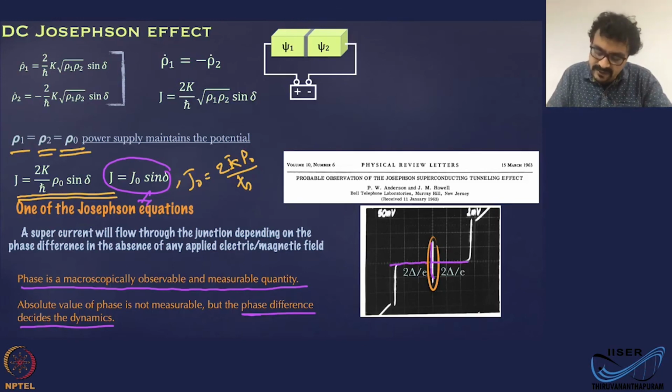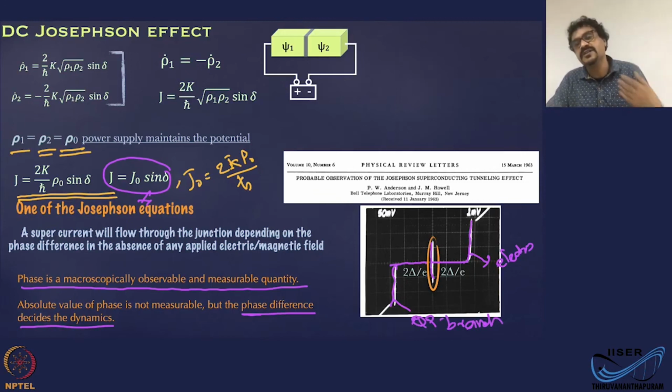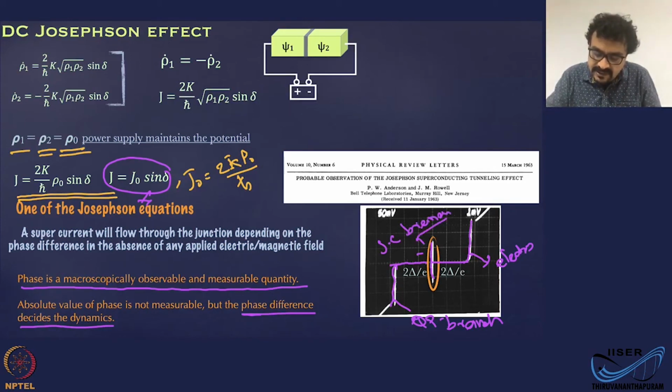Then on this side you have current, but that current is because of the electrons, so this is your quasi-particle branch of the superconductor. This is not a normal metal. And this is your supercurrent branch.